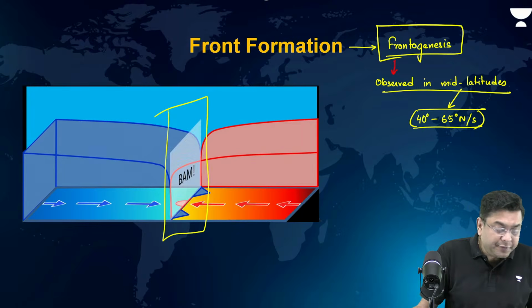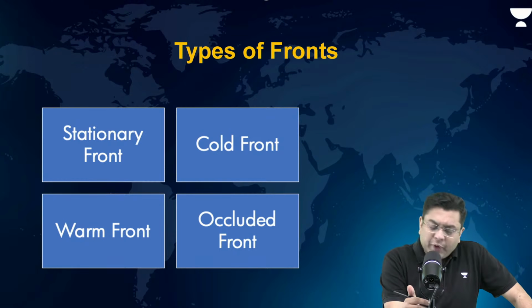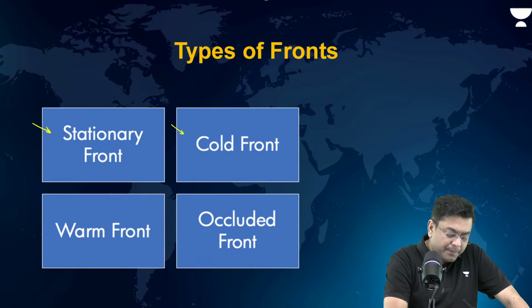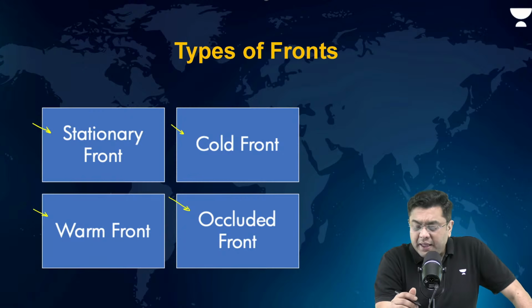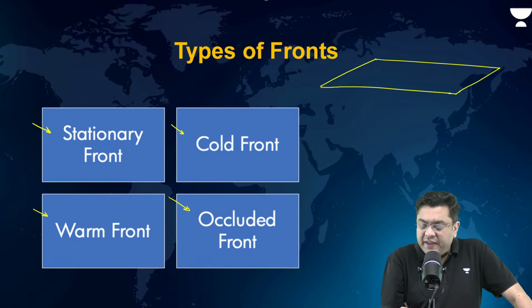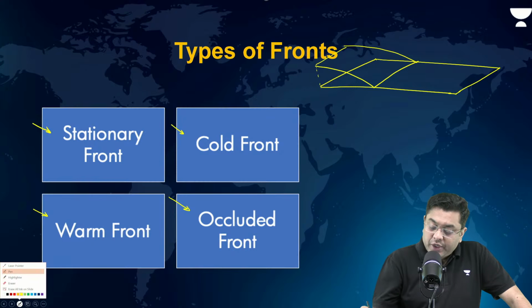Now, there are different types of front based upon the behavior of the air. So you have four different types of fronts: stationary, cold, warm, and occluded. What is a stationary front? Let's suppose in a region you have the case that the cold air has come, and simultaneously you have the case where the warm air has also come into that location.